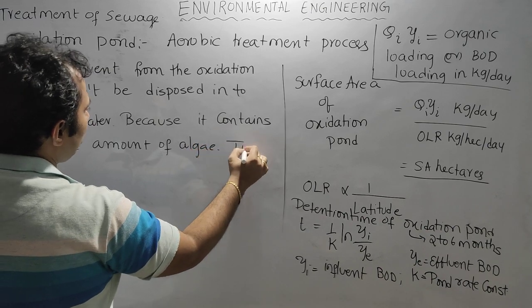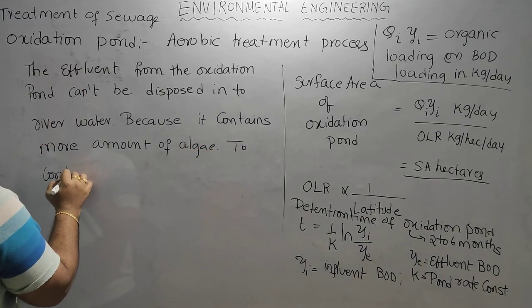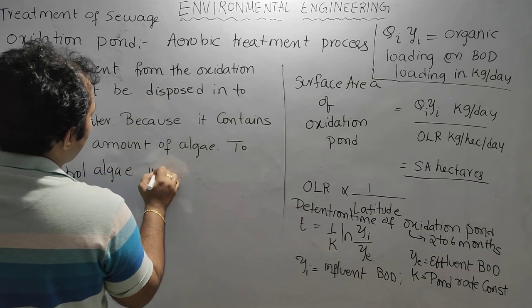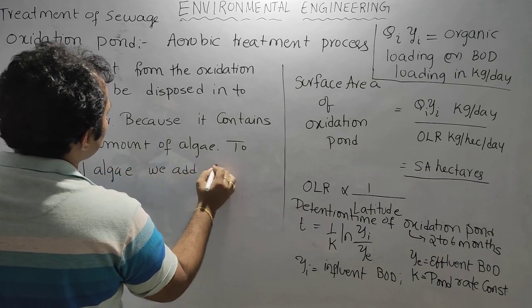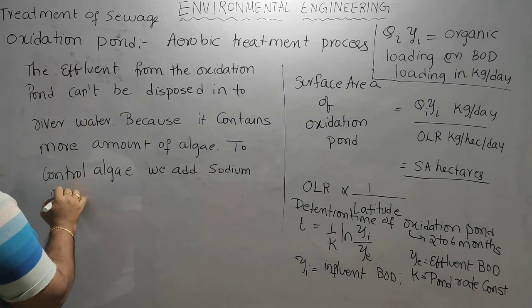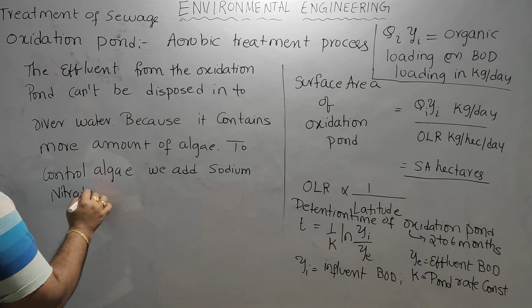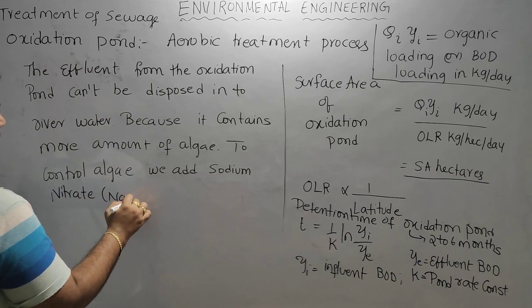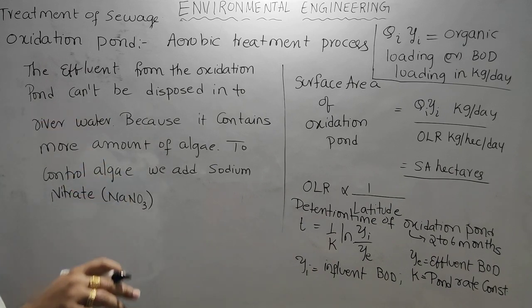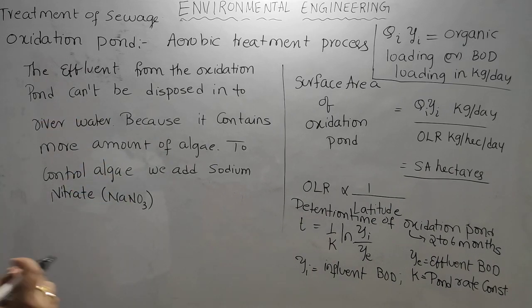So to control algae, we add sodium nitrate, NaNO3. Generally we add copper sulfate to promote algae growth.